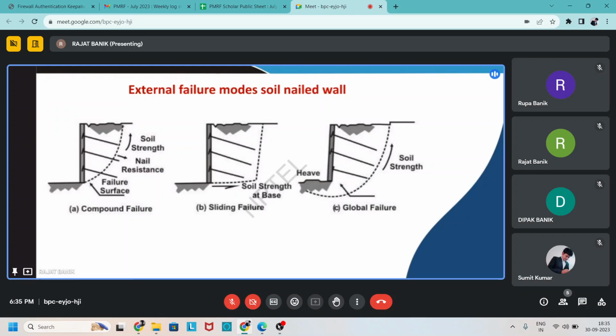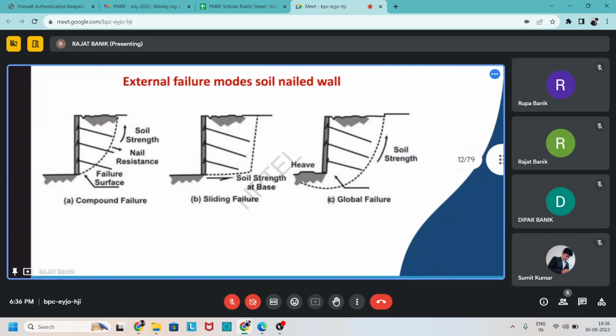This is called compound failure. Then there is sliding failure. That means if a huge lateral force is coming from the slope, the soil may move sideways. This failure is called sliding failure, and it occurs when the soil strength at the base is less than our requirement.